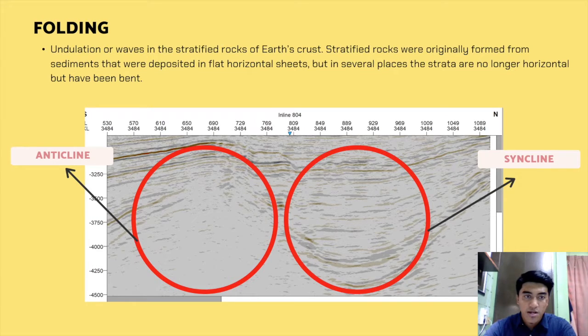In the first circle in the picture, there is an anticline type of folding, and beside it is the syncline type of folding.